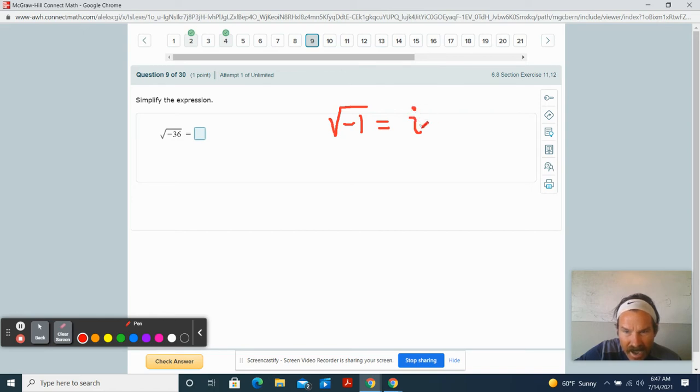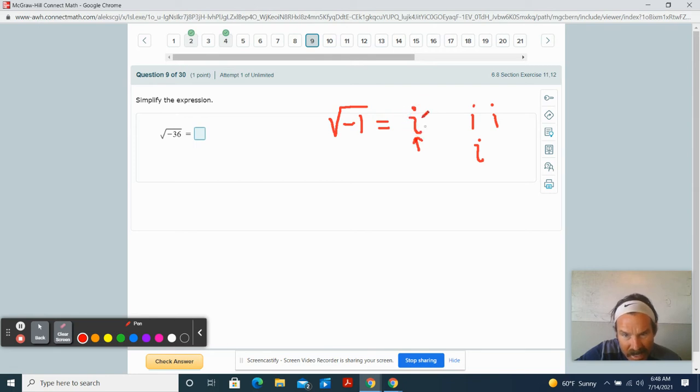I wrote an I. Now, the reason why I kind of curly Q the I is so that it doesn't look like a 1. Because sometimes people forget to dot their I's, and if you forget to dot your I's, it looks like a 1. So you kind of make it like this. And this is not a variable. A variable stands for anything. This is actually a number.